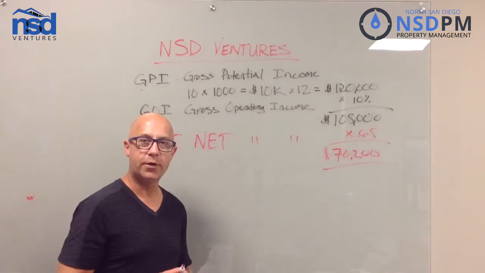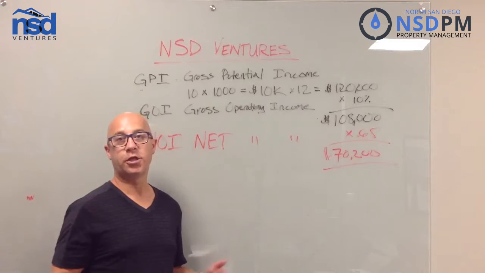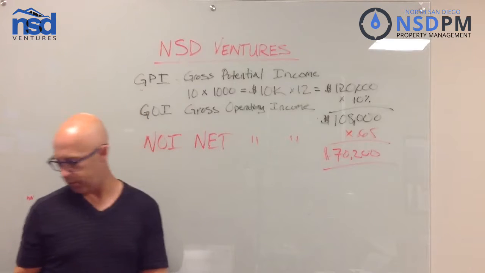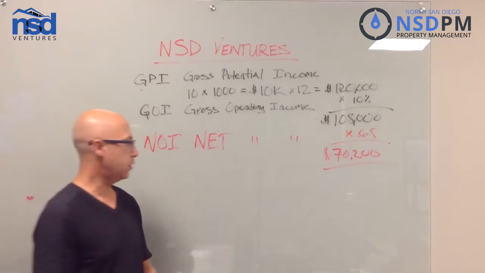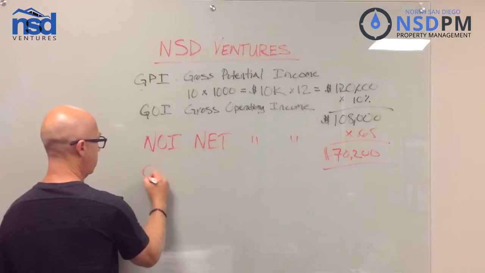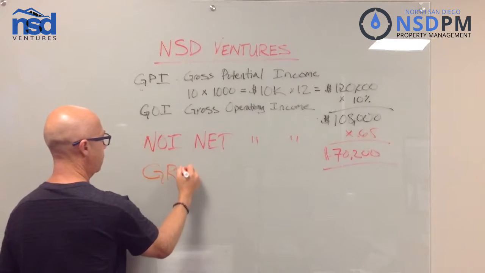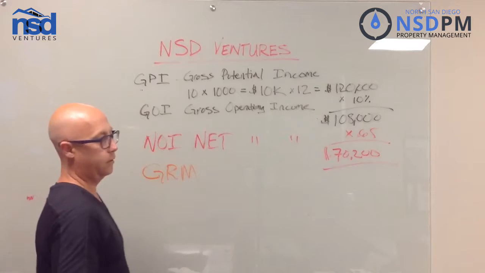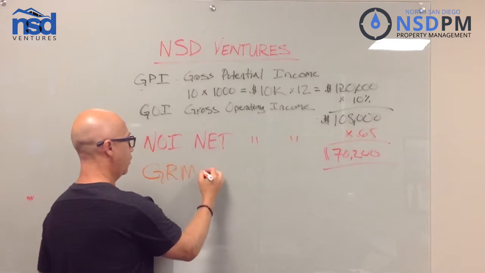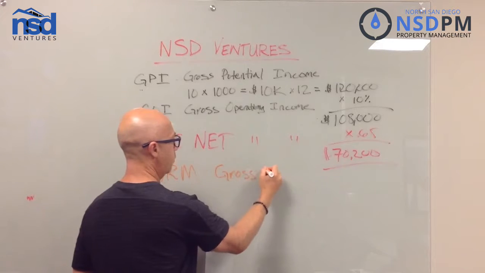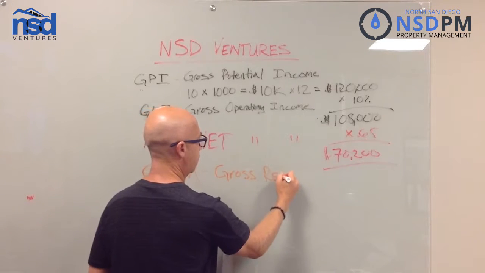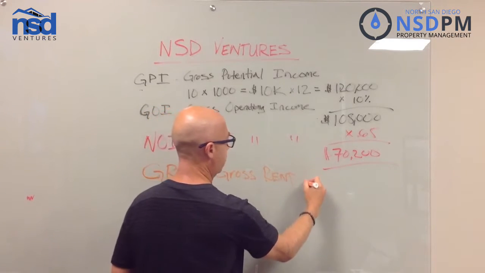So one of the other numbers you're going to see out there is going to be your GRM. Ooh, this is a good one. Your gross rent multiplier.